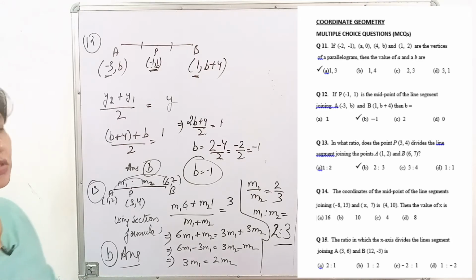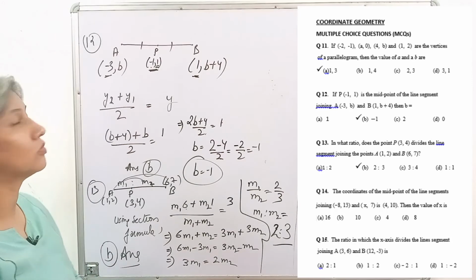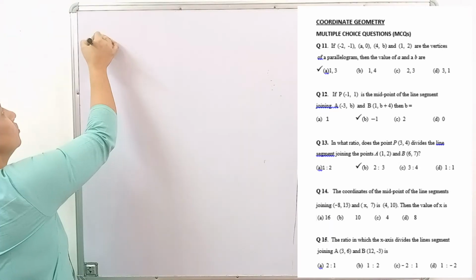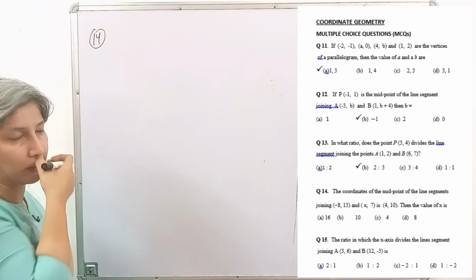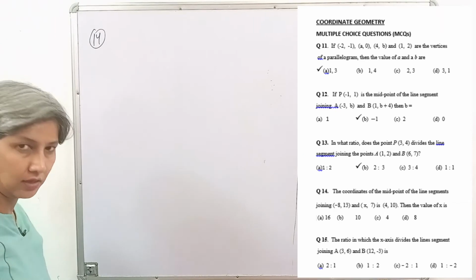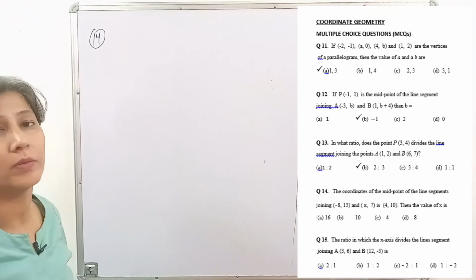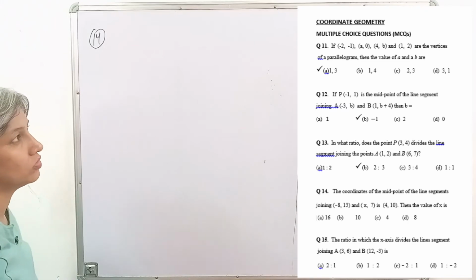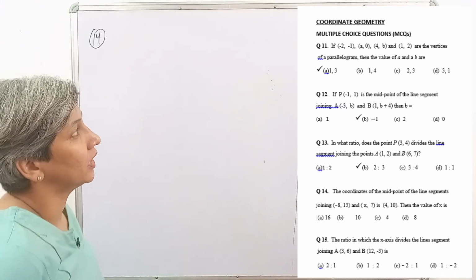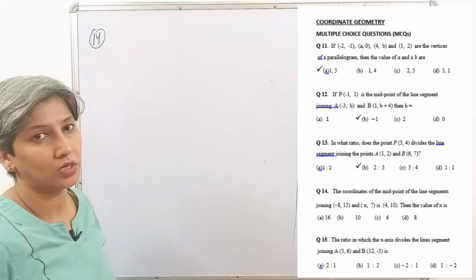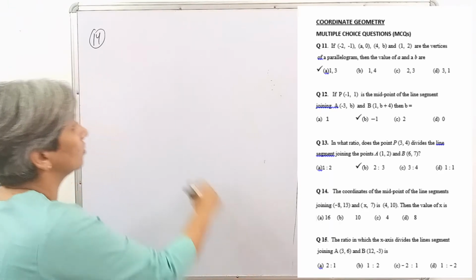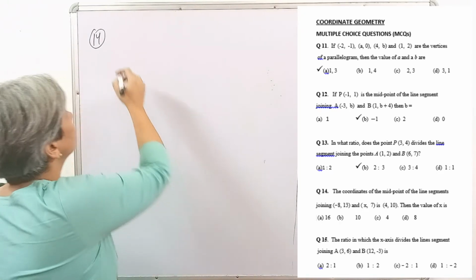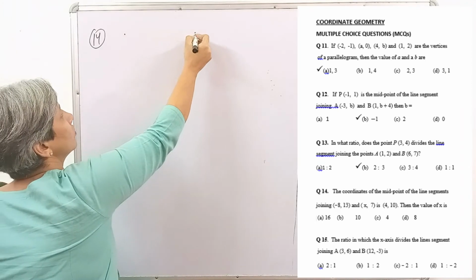Now let's do the next question, which is the 14th question. It says the coordinates of the midpoint of the line segment joining this and this is (4, 10). Okay, so they have given the coordinates of the midpoint of AB also.